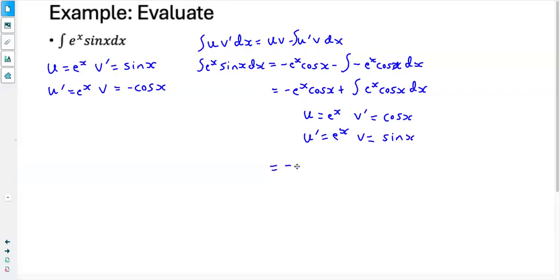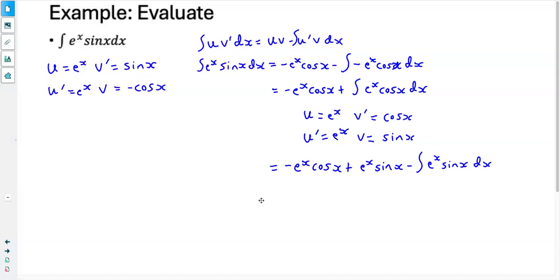So we essentially have negative e to the x cos x plus uv, so e to the x sine x, minus the integral of e to the x sine x dx. So you can see we've now got this, which is what we started with.